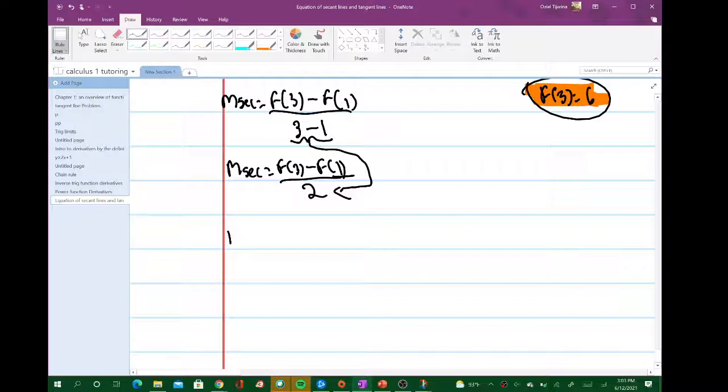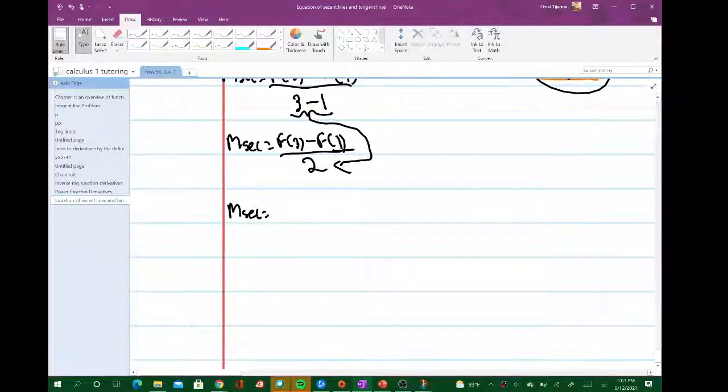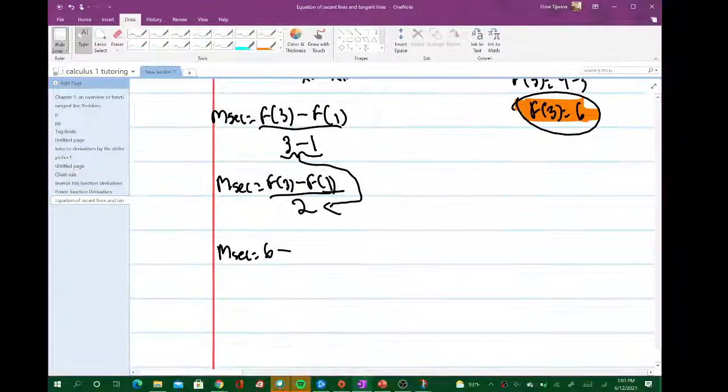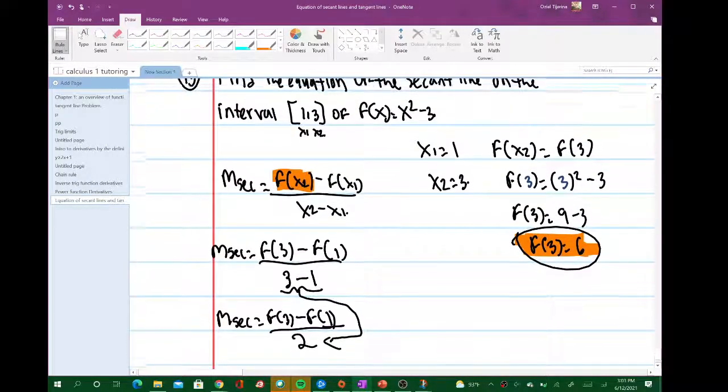So that means the slope of the secant line is f of 3, so it's going to be 6 minus f of 1 over 2.